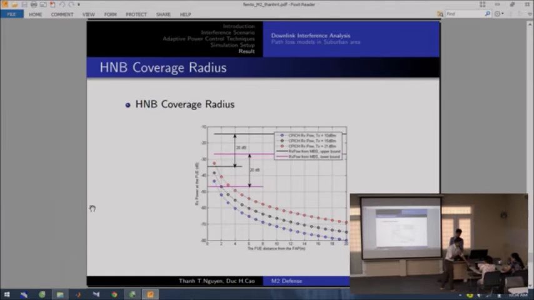It assumes that the received signal from the macro cell at the femtocell is the same as the received signal from the macro cell at the femtocell user. This is the assumption of the algorithm. So this is why we only consider the coverage area of the femtocell, but don't put much attention on the distance in this simple scenario, because of the assumption about the femtocell in the algorithm.